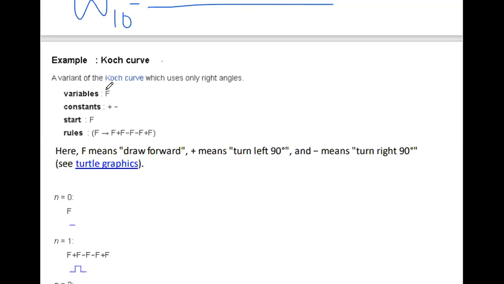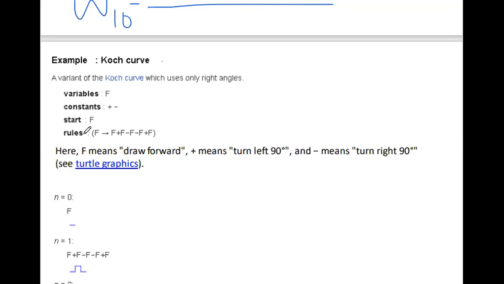F is a variable, and there are two constants. Because we have only one variable, there is only one rule, the rule for F. And this is your initial word, F.